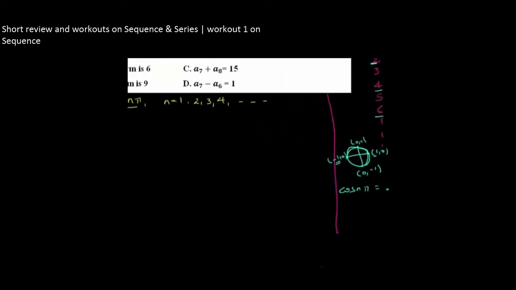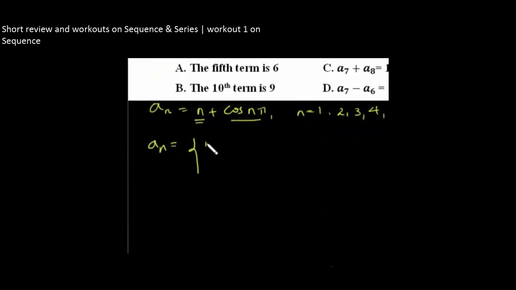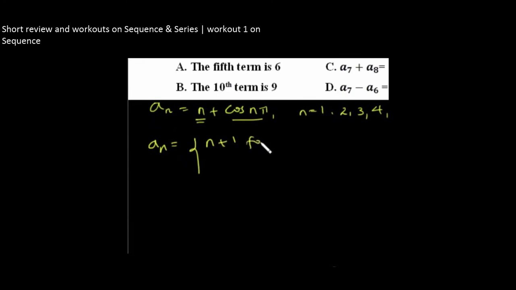Using this expression, we can rewrite the nth term of the given sequence as n plus 1 for n even, and as n minus 1 for n odd. Now let us see the given choices.